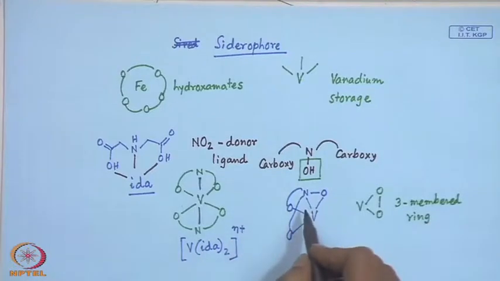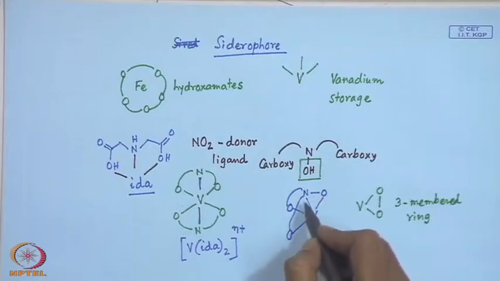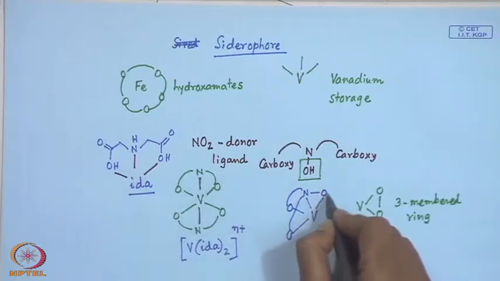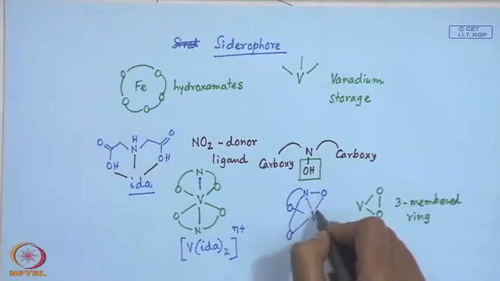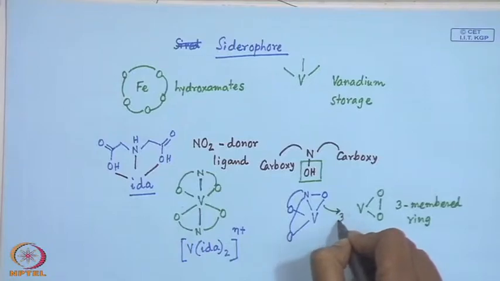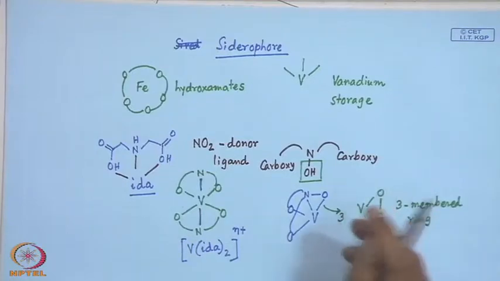So, when the binding of this N-hydroxyl ligand is in the same fashion, when we have this tridentate binding like this, and we have the O. So, this particular O gives rise to this particular deprotonation, and we have this particular 3-membered ring. So, this is also a 3-membered ring for stabilization of this particular ring.